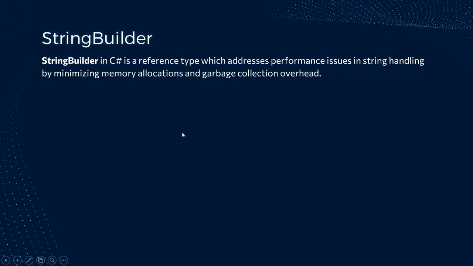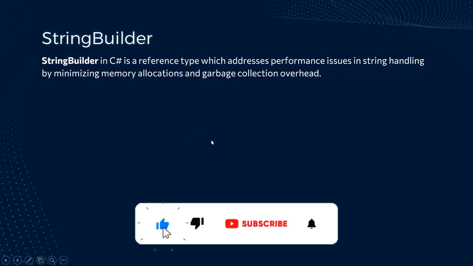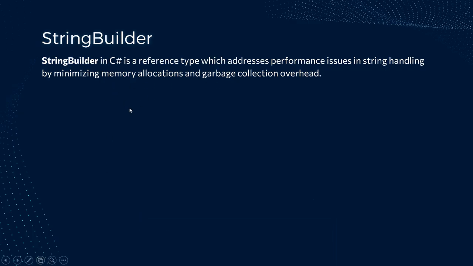It does not create a lot of memory while we handle the strings. It creates a single allocation and then appends all those strings. We will be discussing garbage collection in our upcoming videos. Today we are going to focus on string and StringBuilder.